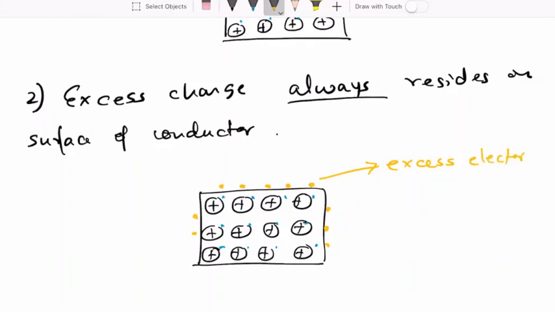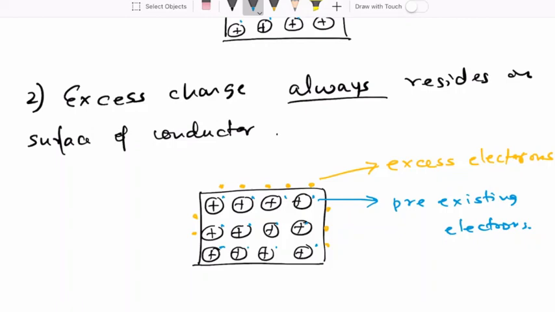But you could transfer positive charge as well. And these are the pre-existing electrons that were already there. Okay, so the point is that the excess charge will always reside on the surface of the conductor.